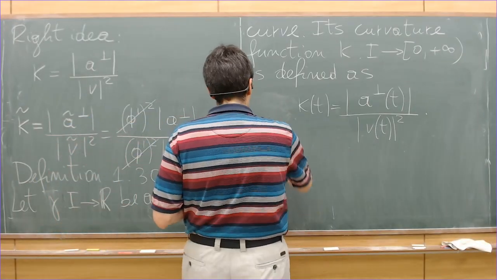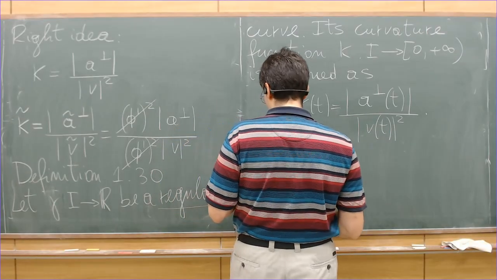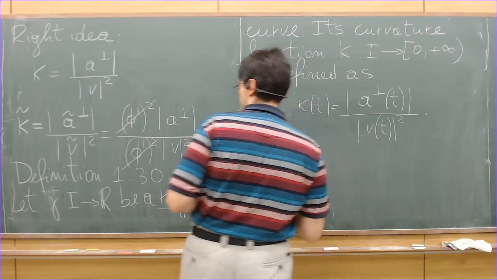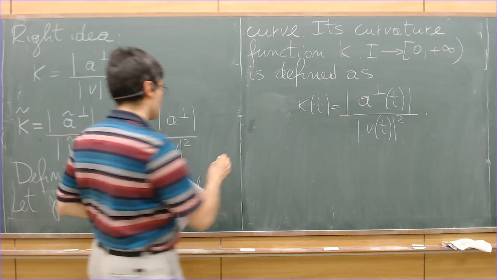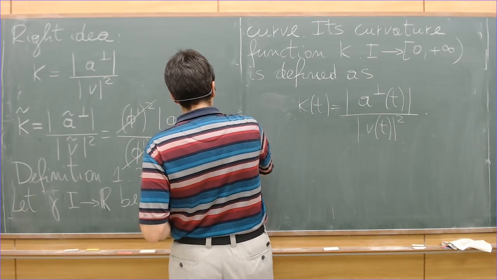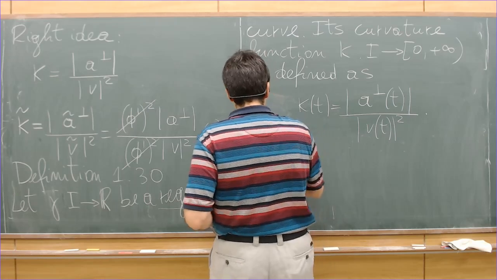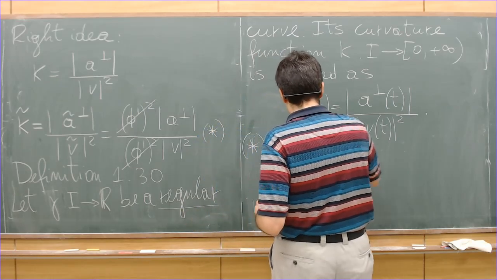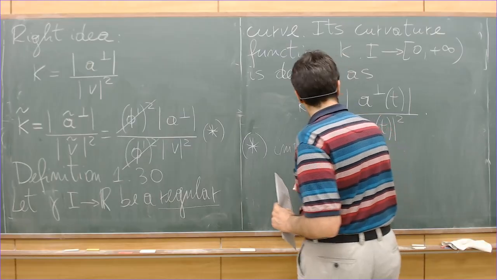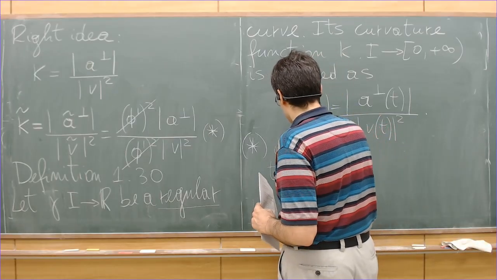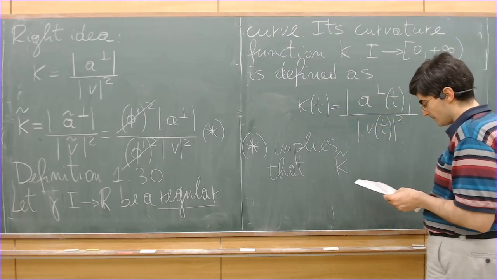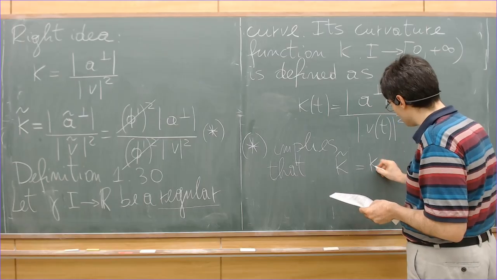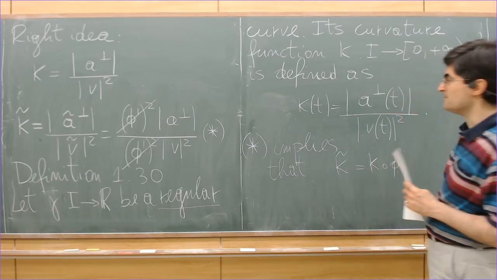As already told you before, this is a good definition, and the computation we made here implies that k tilde is given by k composed with phi.